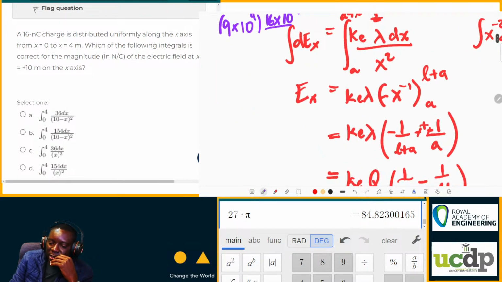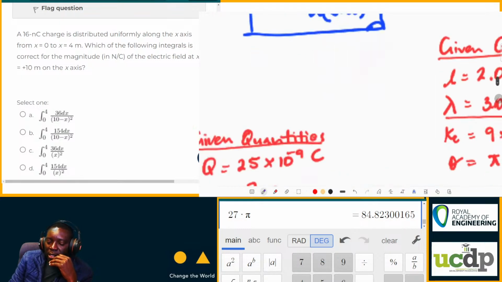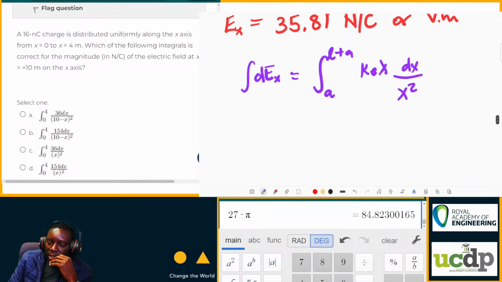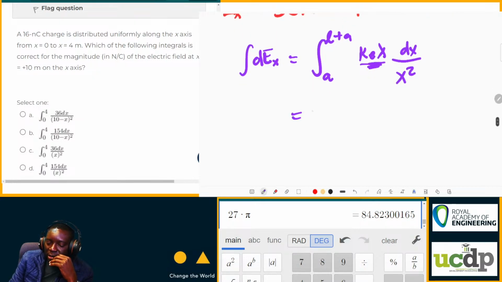So this is the expression KE lambda dx over x squared. So with that, the KE lambda is a constant that we need to evaluate. What are our limits? The limits are governed by the length of the rod, because we're integrating dq elements along the rod. So in this case, the limits are from what to what?